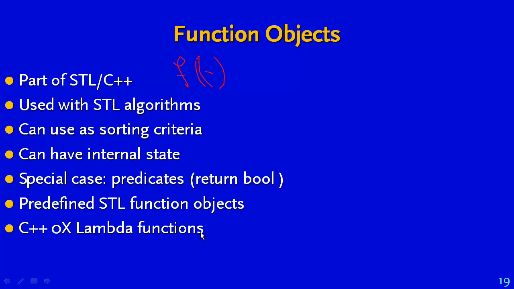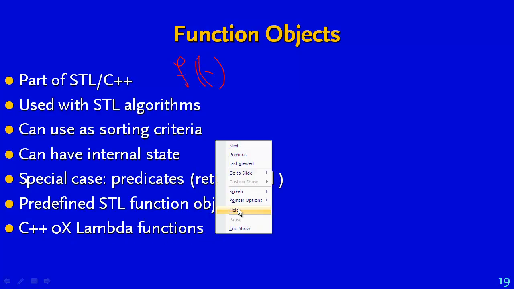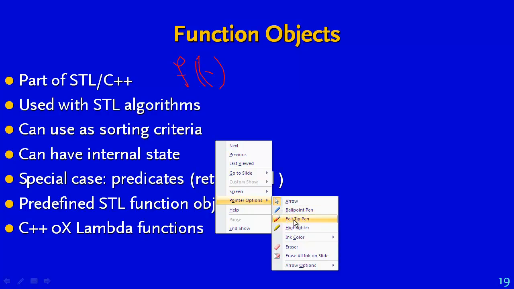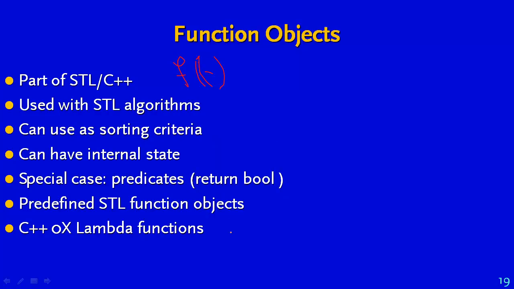Something down the line, in the upcoming C++0x standard, we can use lambda functions, and lambda functions are nameless functions which you can use without having to create code to implement the function. So it's just in situ, on-site functions. But this is outside the scope of the current discussion.